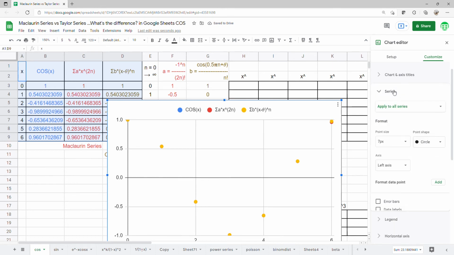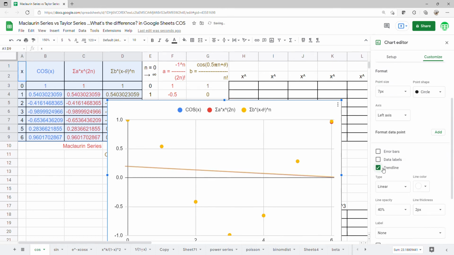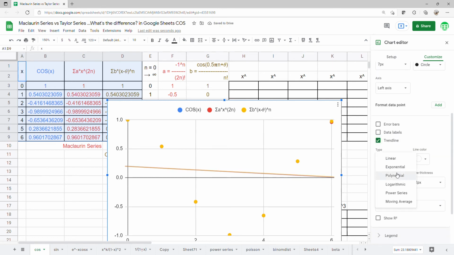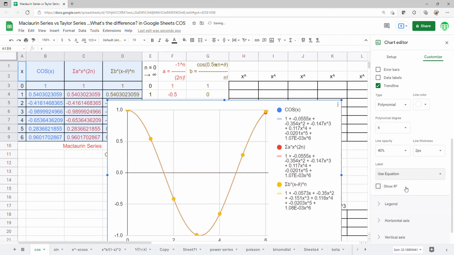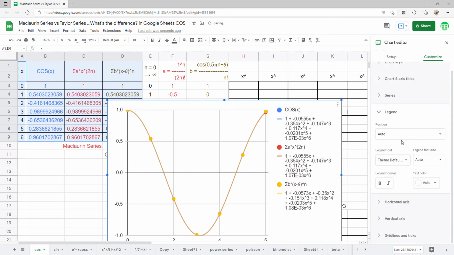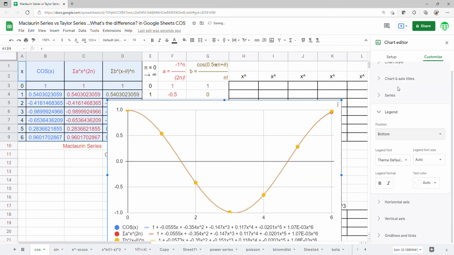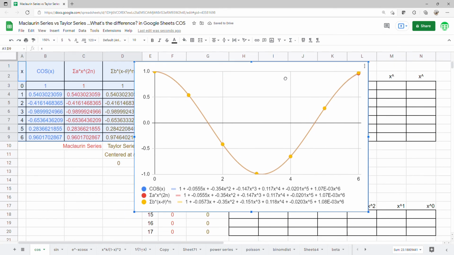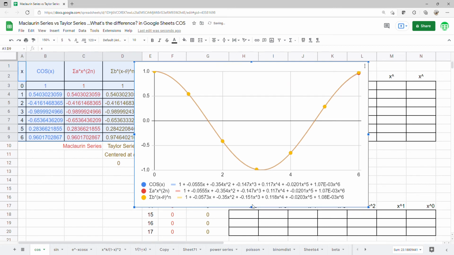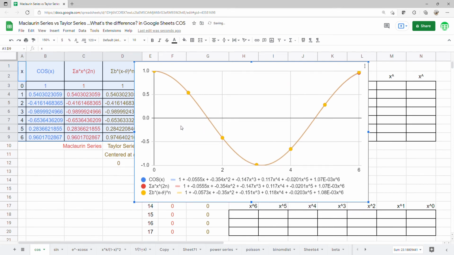So we go to series, show the trend line, the type polynomial, the degree 6. For the label, use the equation, and for the legend, position at the bottom. Here's a trend line of the cosine polynomial and the Maclaurin series and Taylor series of the cosine.